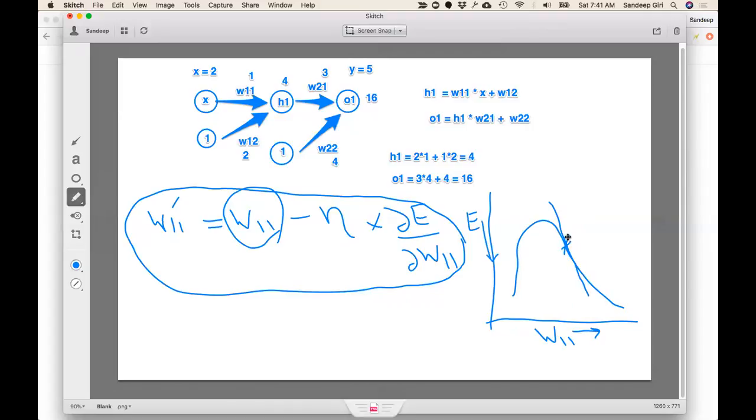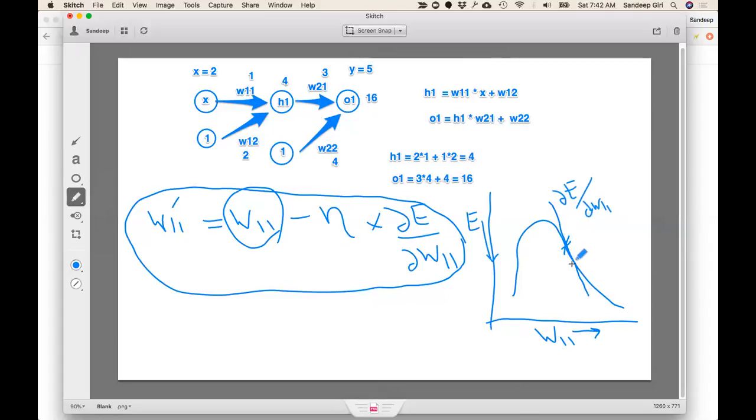This is essentially dE by dW11, the rate of change of error with respect to W11. That's the slope.